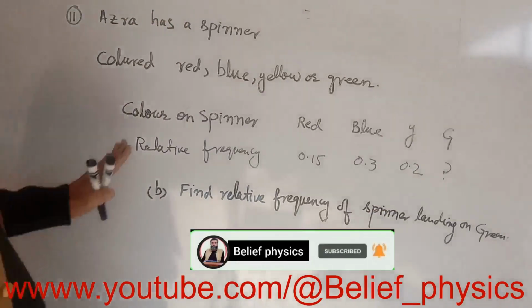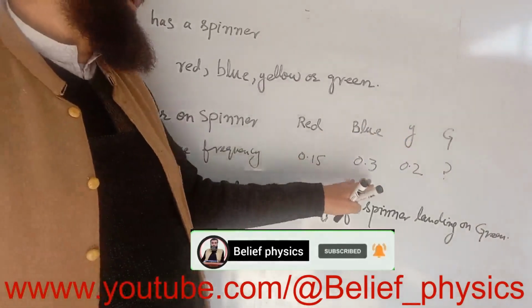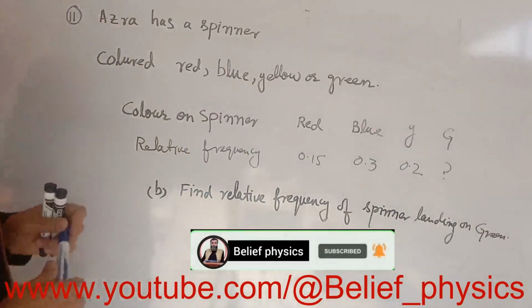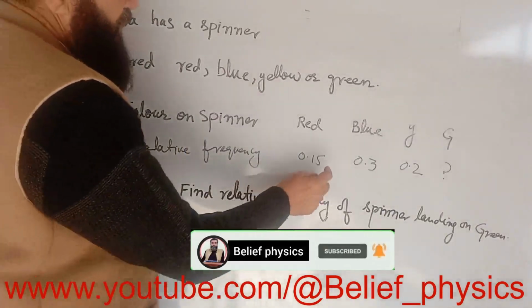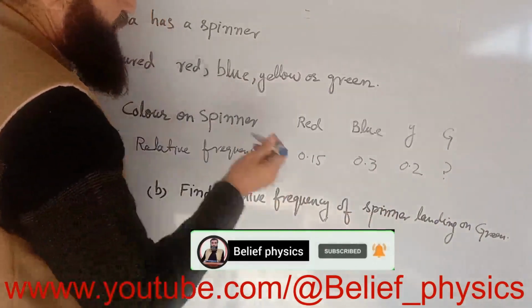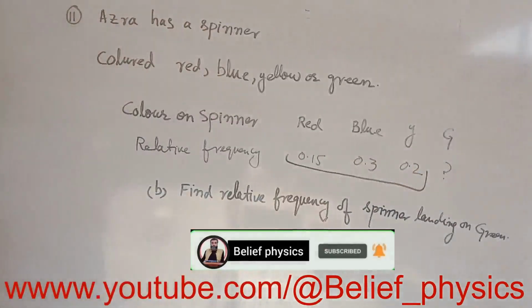Because there are only these 4 events, the sum of the probabilities of all these events should be equal to 1. So in order to find the one for green, we will have to subtract the sum of these frequencies from 1. That will give you the probability of green.